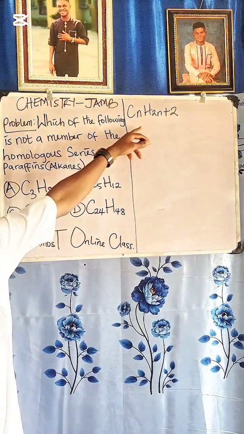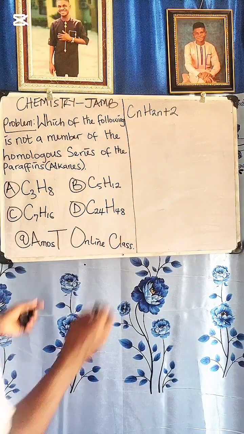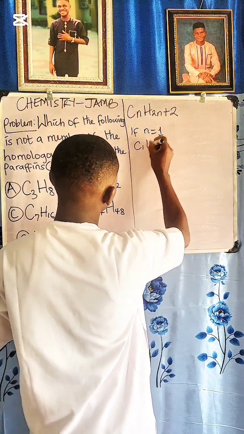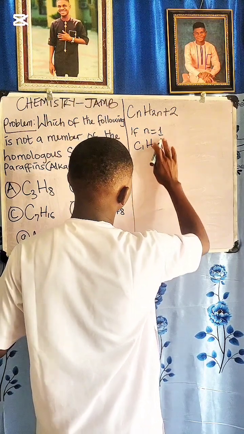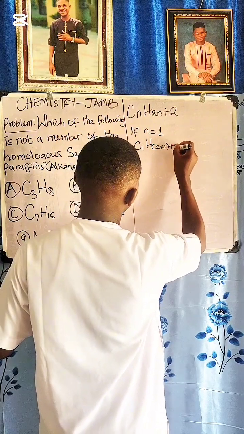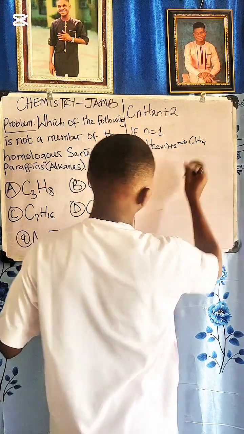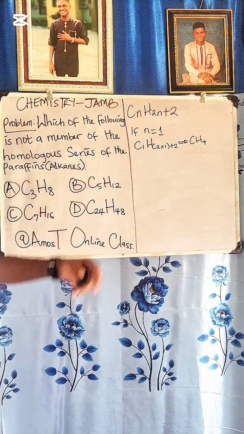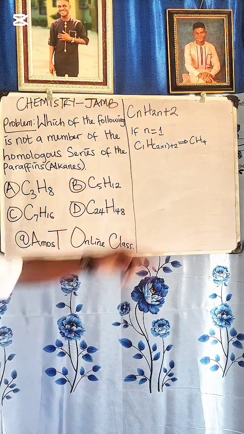Since n in methane is equal to 1, we're going to have C1H 2 times 1 plus 2.